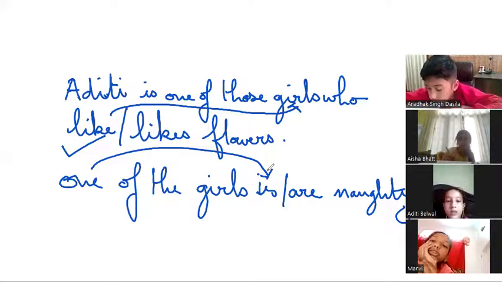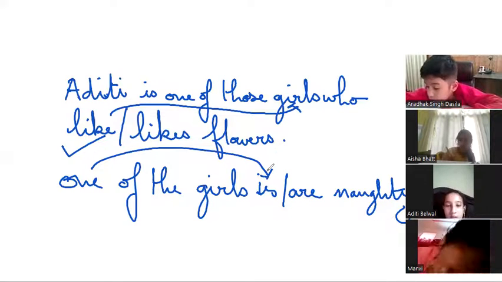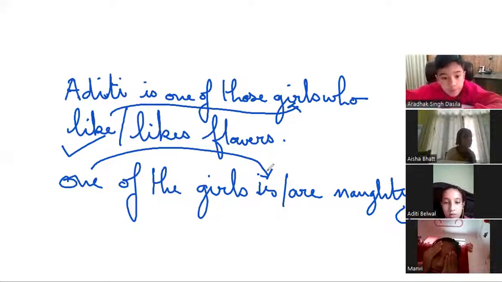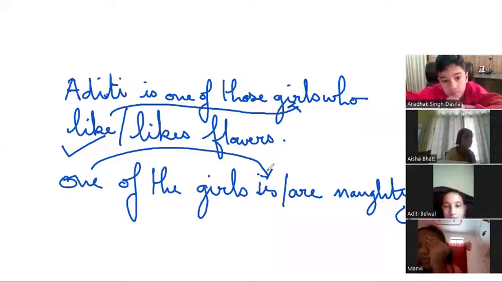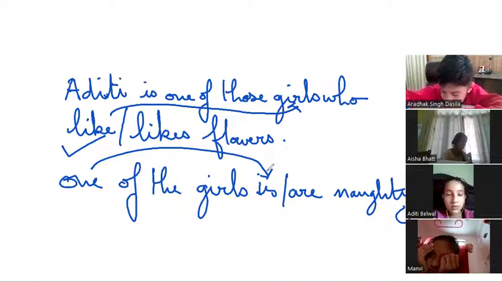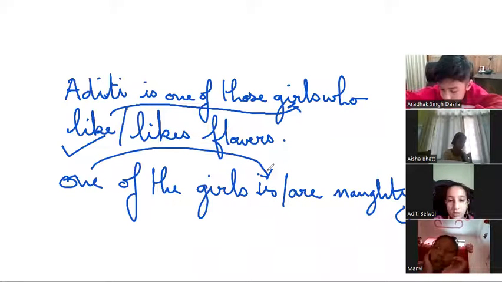So it will be a singular verb. You see the difference between the two sentences. The first one is different from the second one. In the first one, we were talking about a group, girls who like, and in the second one, we are saying is naughty. Understood? Yes, great. Okay.